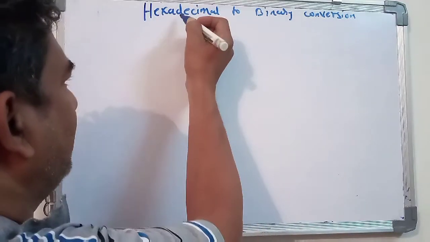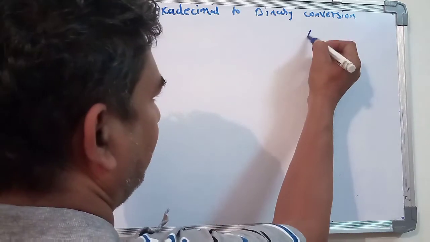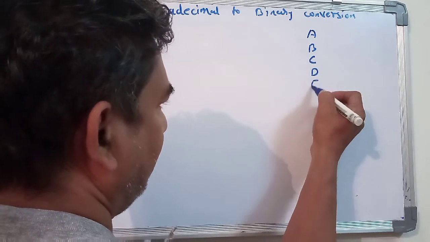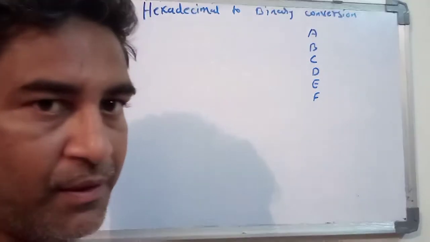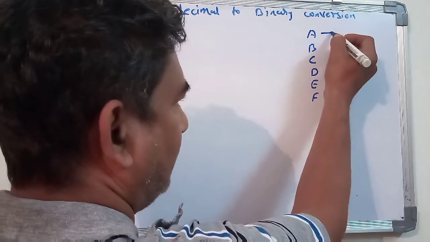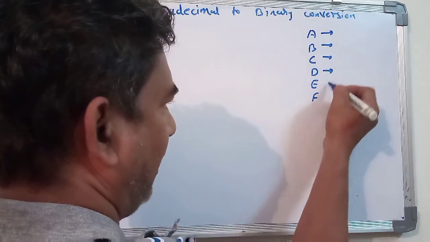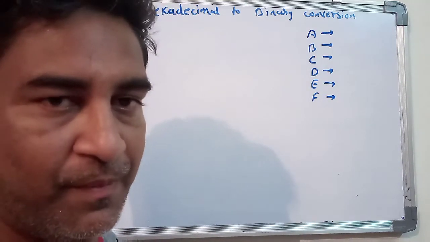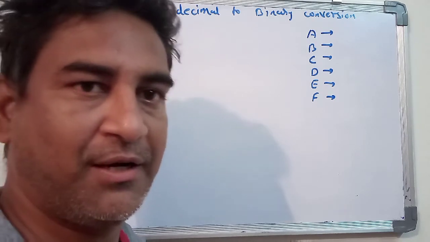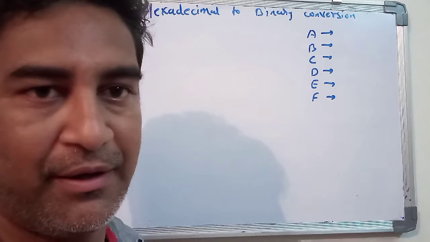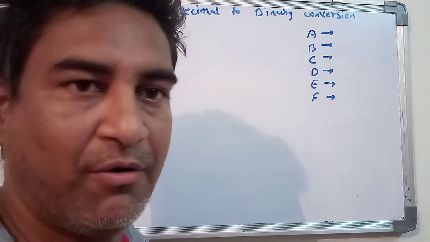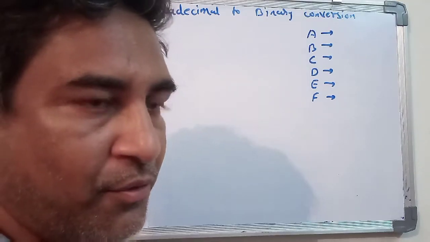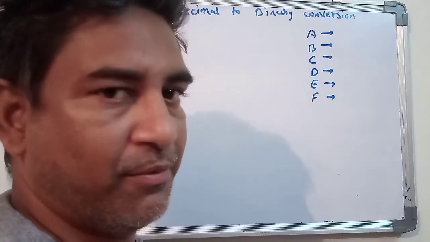As you know, the hexadecimal digits go from 0 to 9 and then A, B, C, D, E and F. This hexadecimal number has to be written in binary as 4 bits. As soon as you write the hexadecimal number as 4-bit binary, you have converted the hexadecimal into binary.